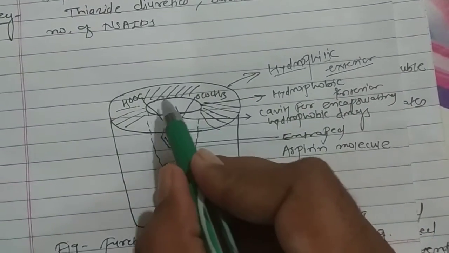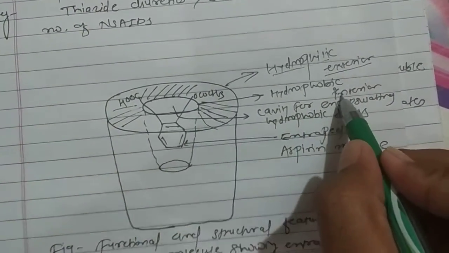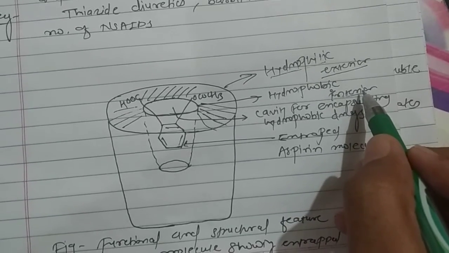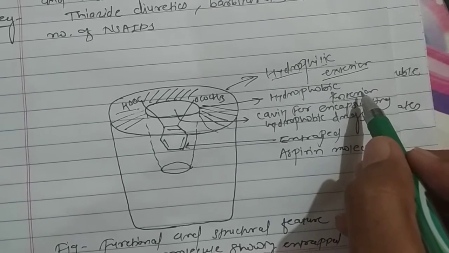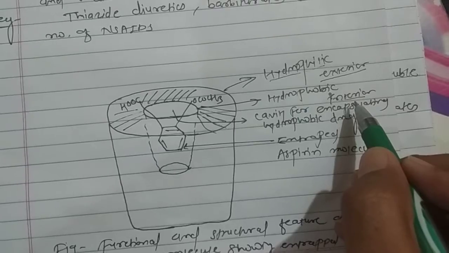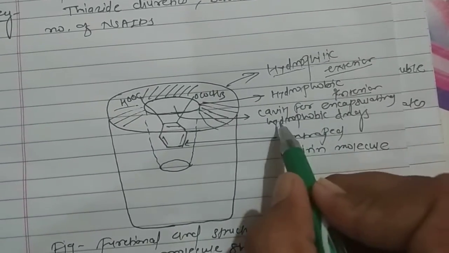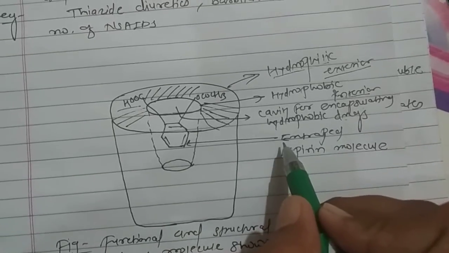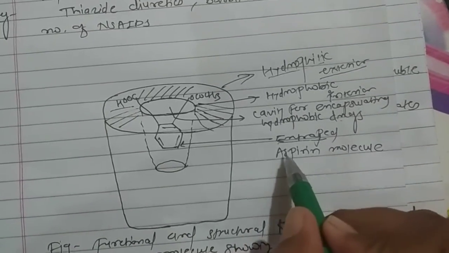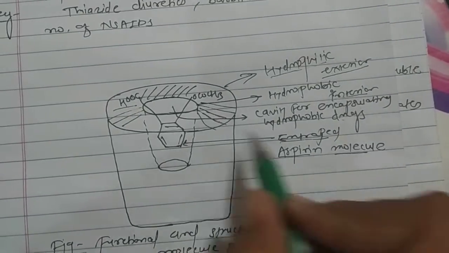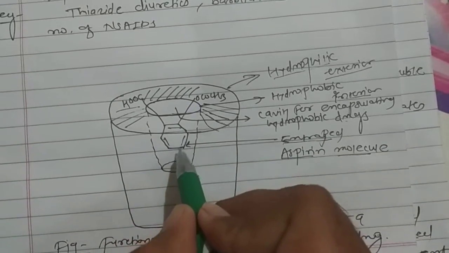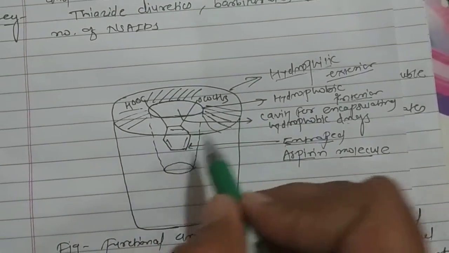Inside that a hydrophobic cavity is there which has an ability to include the hydrophobic or lipophilic drugs, the cavity for encapsulating the hydrophobic drugs. Here they have shown the entrapped aspirin molecules inside. Here we can see the aspirin molecules.